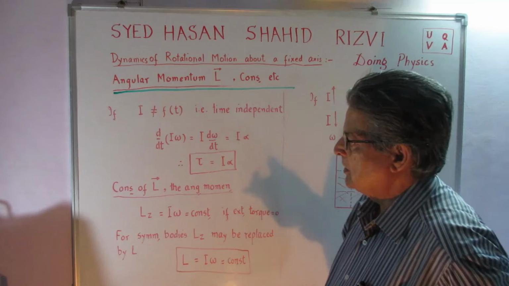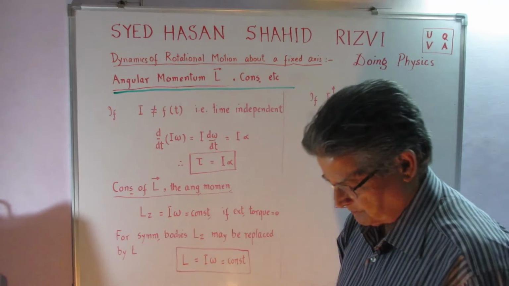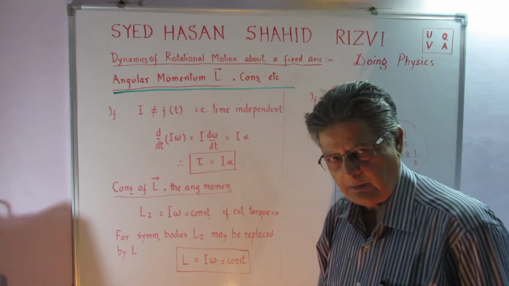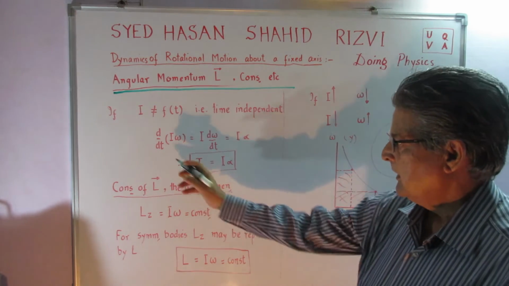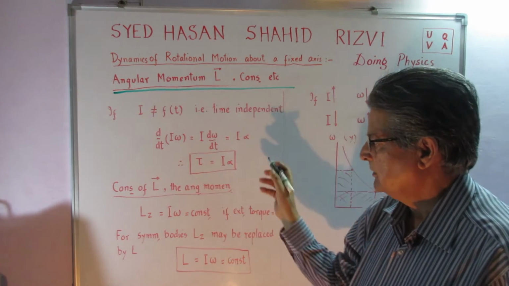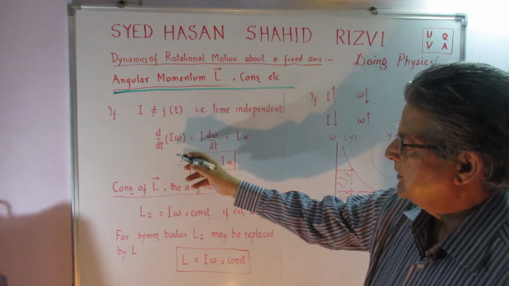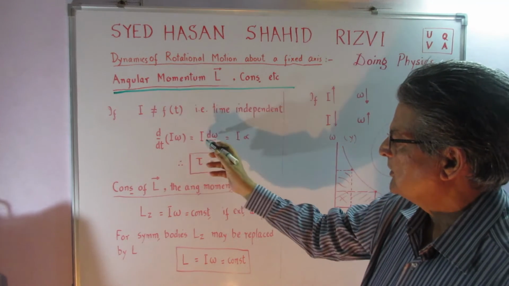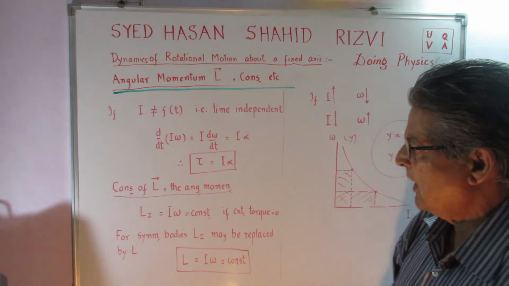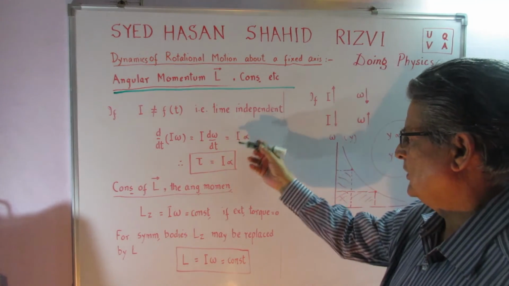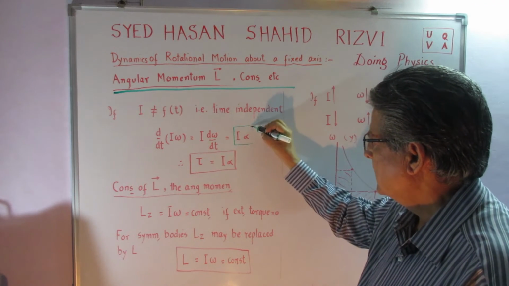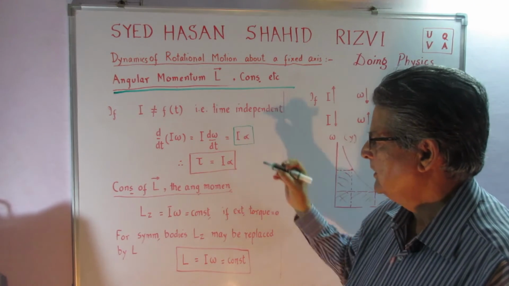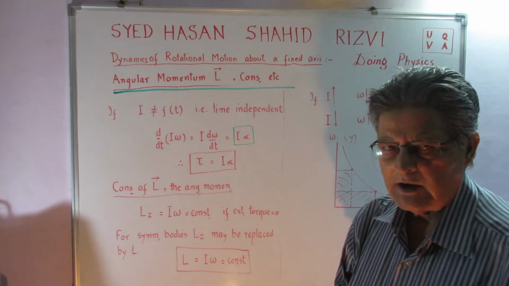So if our moment of inertia is not a function of time, it is time independent, then in the relation that we defined there, d/dt of I omega, I will come out and this will turn out to be equal to I d omega/dt, and d omega/dt is defined as alpha. Okay, so what I get is that my torque is equal to I alpha.